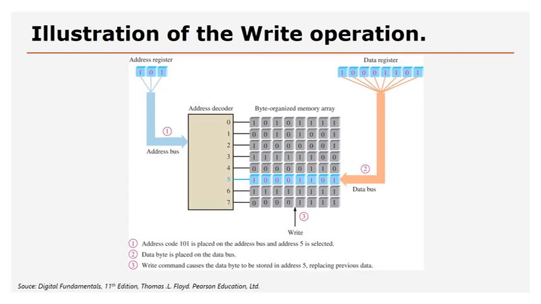Okay, let's look at a write operation, which is going to write data. This is the data which you will find on the data bus, and we want to write this data into the memory device. Let's see how that's going to happen. The first thing you have to do is place the address register on the address bus.